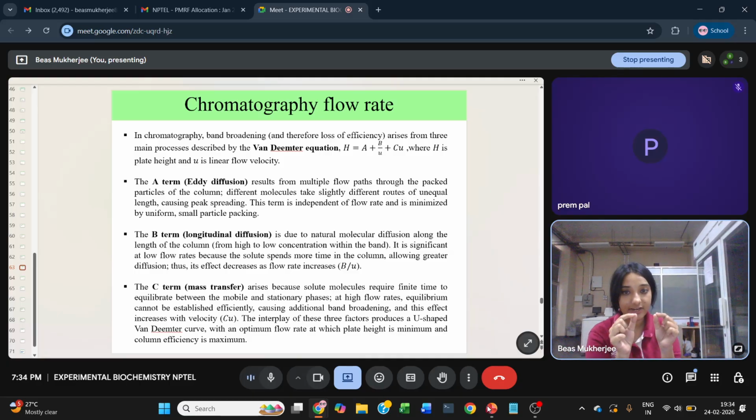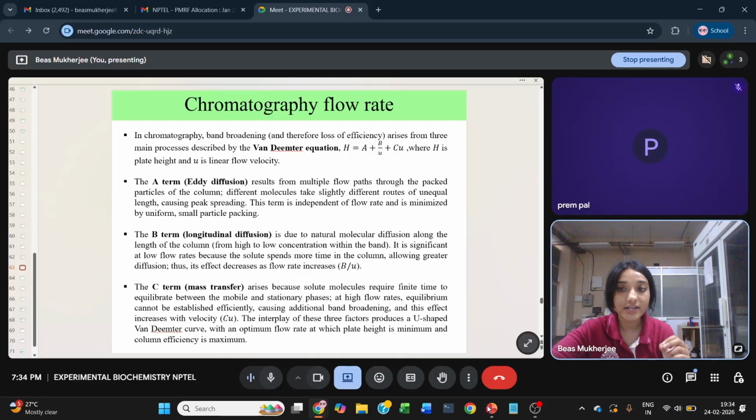If the particles are very small, they can take multiple flow paths through the packed system of the column. Different molecules take slightly different routes of unequal length and can cause peak spreading. This term is independent of the flow rate and is minimized by uniform and small particle packing.